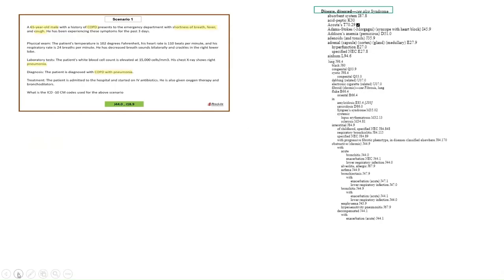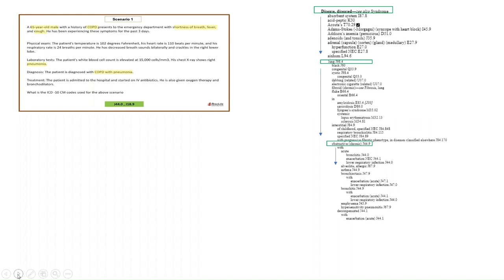So how are we going to look up the code? We will go to the disease, and then we will go to the lungs over here. Then we will go to the obstructive chronic, because the patient is having COPD, right? It's a chronic obstructive pulmonary disease. So we will go to the obstructive chronic J44.9.